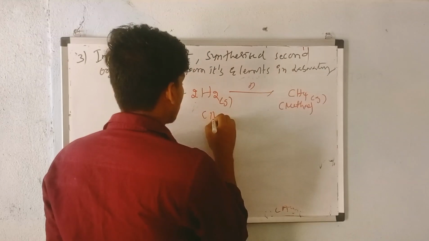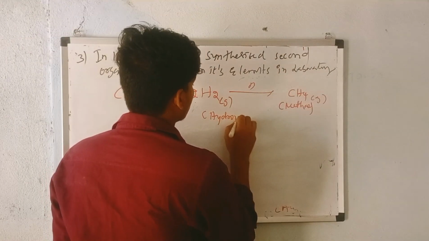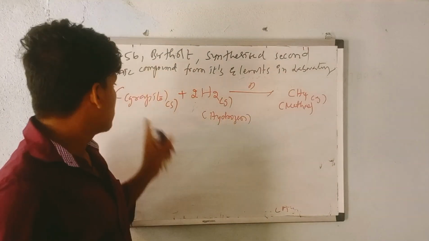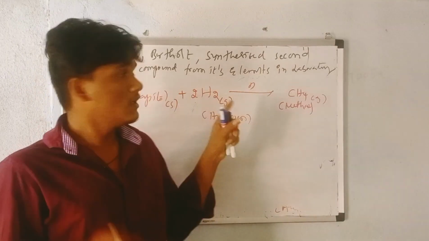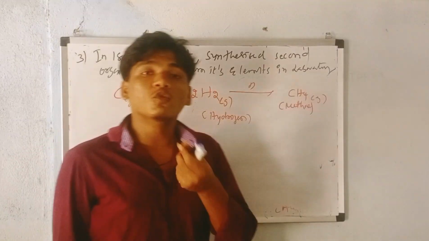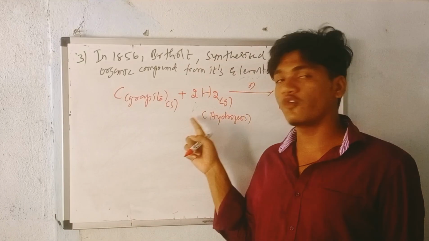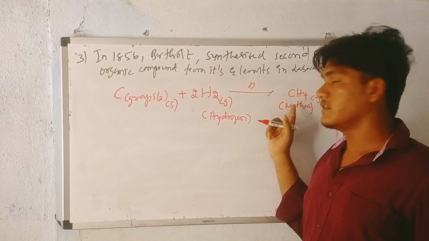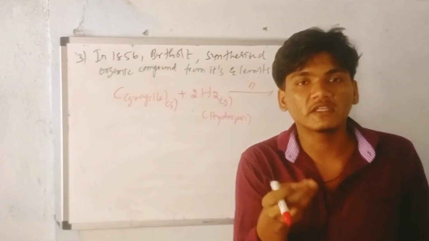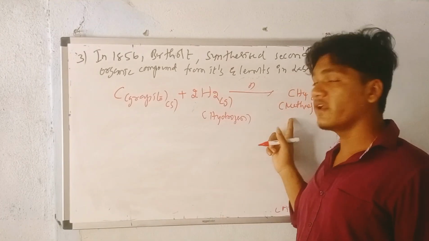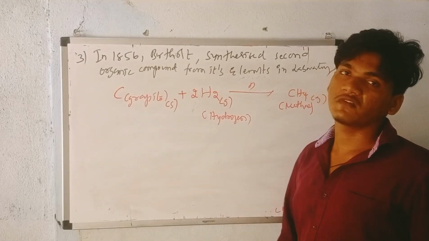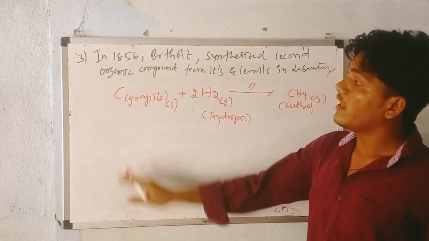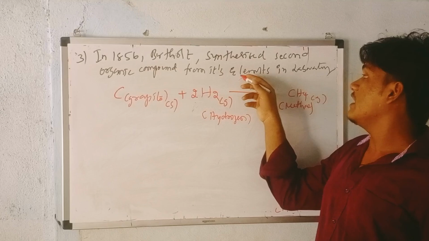This is hydrogen, and this is graphite, which means carbon. When carbon was reacted with 2 moles of hydrogen, on rearrangement and heating, CH4, called methane, a type of hydrocarbon, was synthesized in the laboratory from its elements.